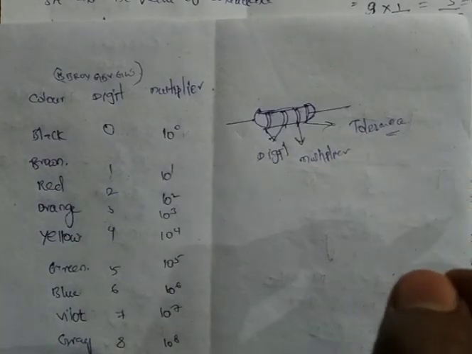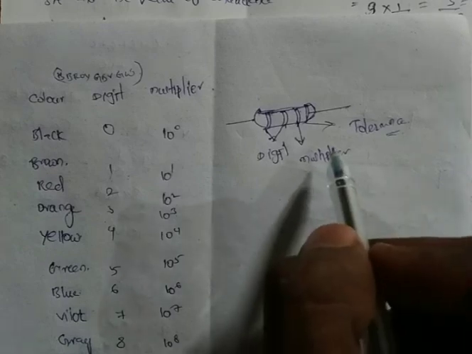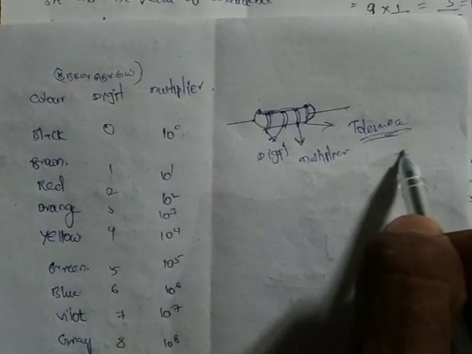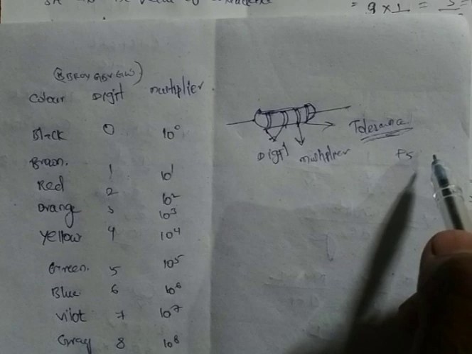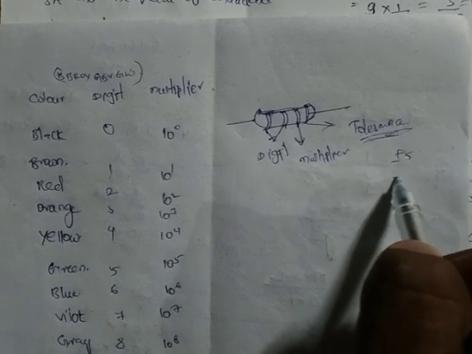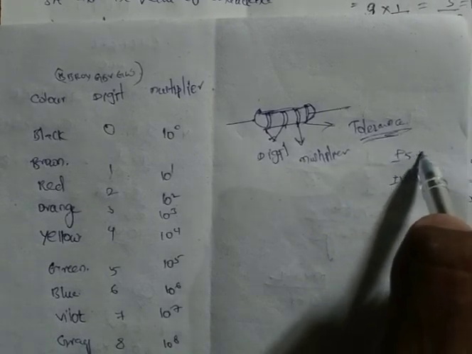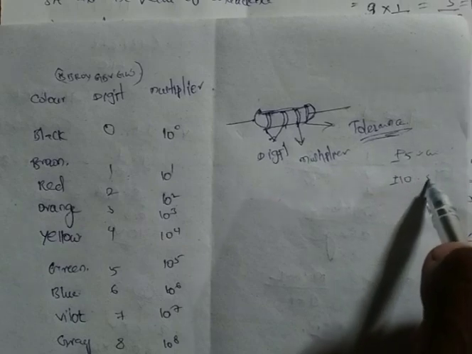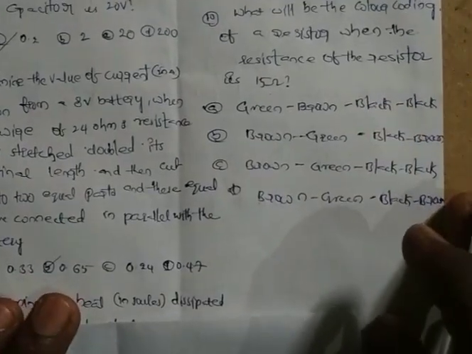It varies by some value, so the manufacturer gives a tolerance value, meaning plus or minus: plus or minus 5 for gold, plus or minus 10 for silver, like that. But in this problem he did not mention the tolerance value.